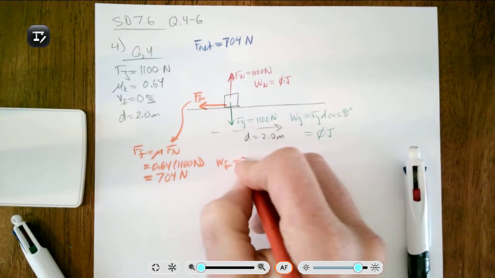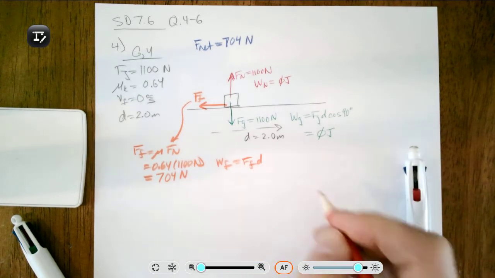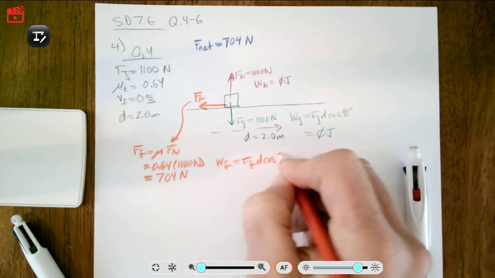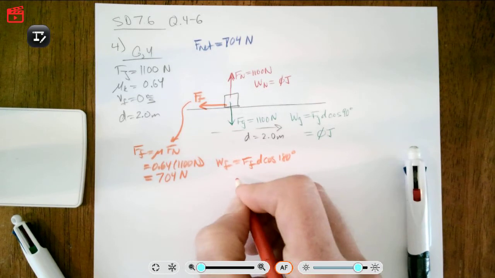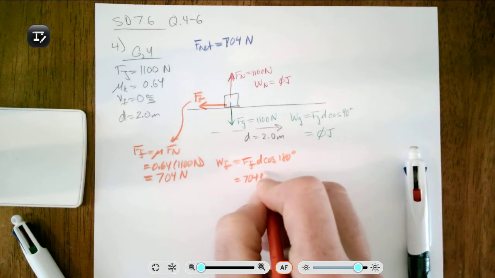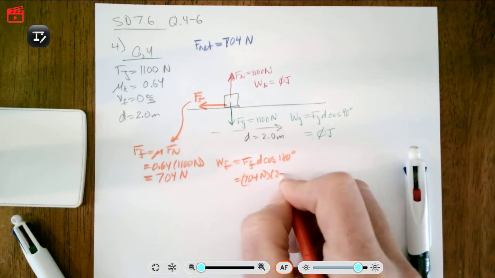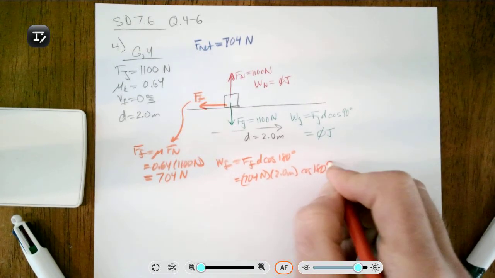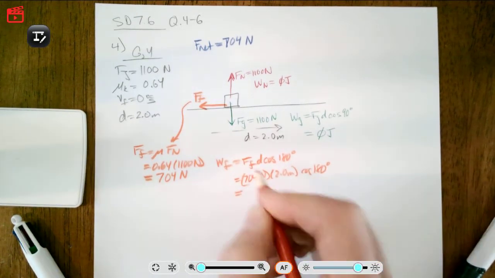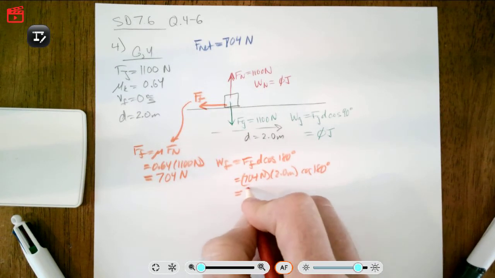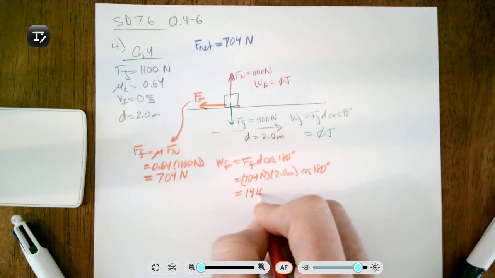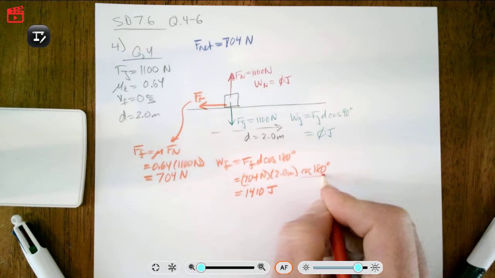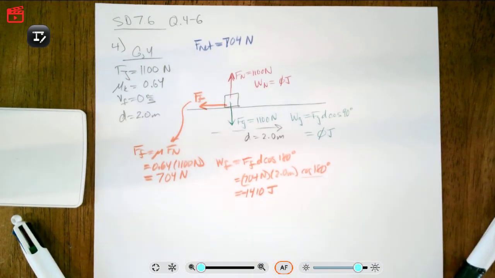Work done by friction, FF times D. If you want to be technical about it, put that cosine of 180 degrees in there. You got 704 newtons times 2 meters times cos 180. So that's about 1,400 or 1,408, maybe you call it 1,410 joules. And if you're careful with the cosine, technically that's negative.